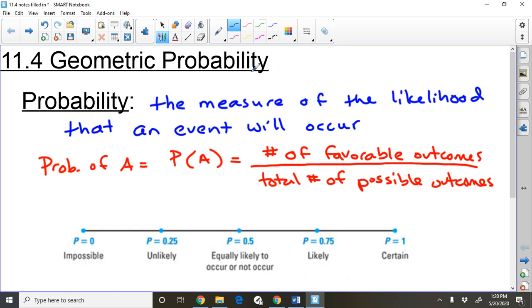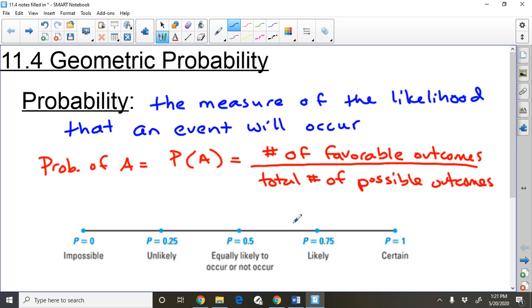Before we talk about geometric probability, we need to review the definition of probability overall. Probability is the measure of the likelihood that an event will occur. If we want to find the probability of event A, which is written as the probability of A with whatever the event is inside the parentheses, you take the number of favorable outcomes and divide by the number of possible outcomes.